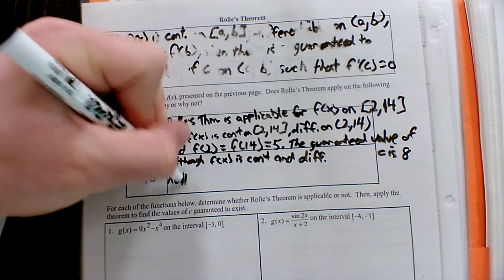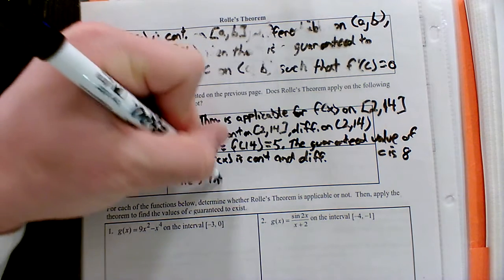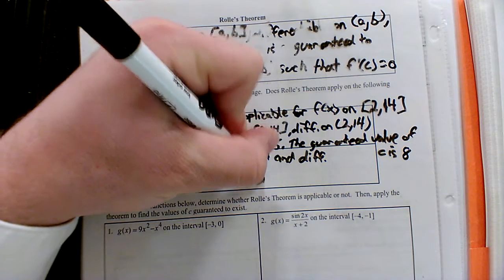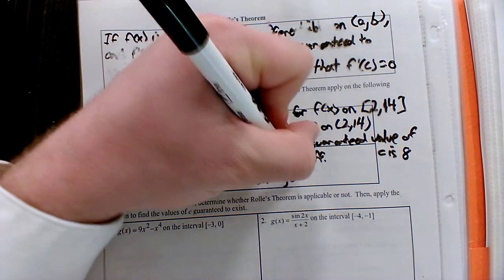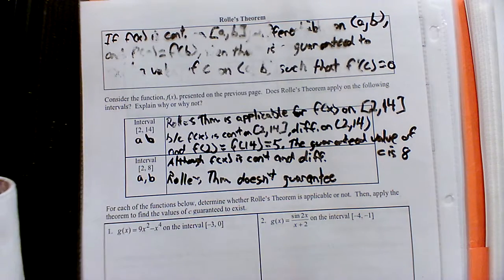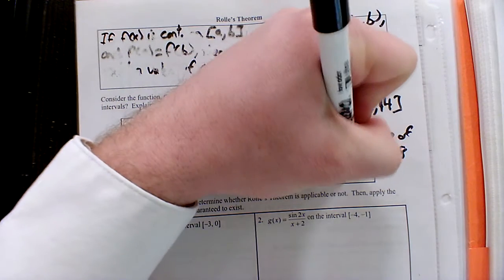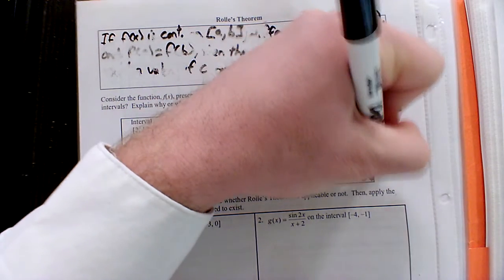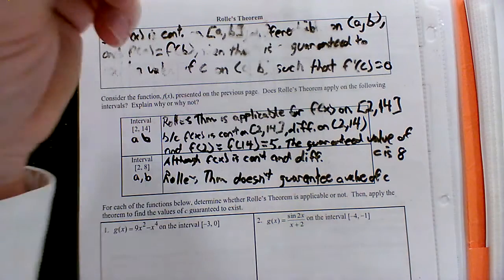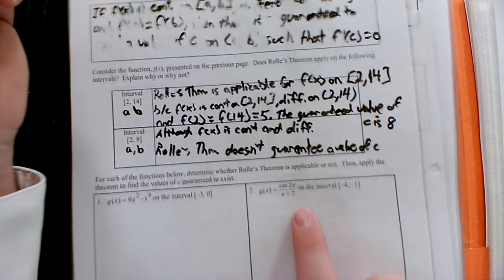Rolle's theorem doesn't guarantee a value of c, and I'm going to have to write down here just to finish it.